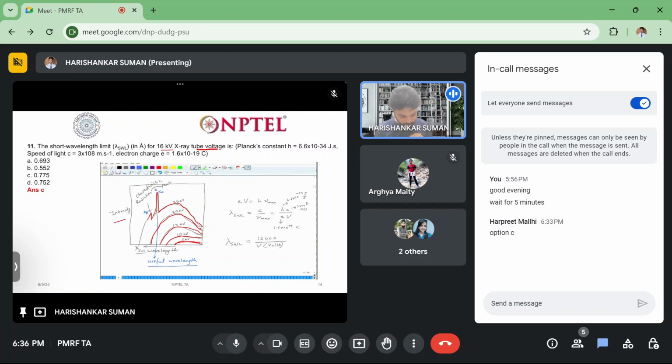At a particular voltage in kilovolts, we will get characteristic radiation from the sample, and we will also get the short wavelength limit.